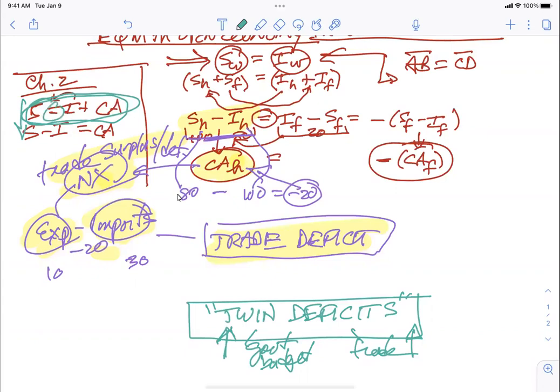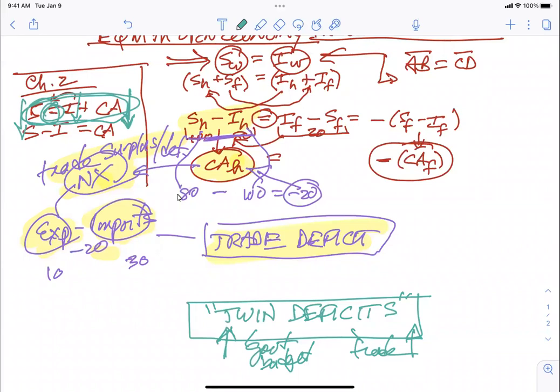So there's an equal sign here. What did we just see in this graph? I went down and CA went down. The trade deficit, that's a negative number, got more negative, right? The current account went down.